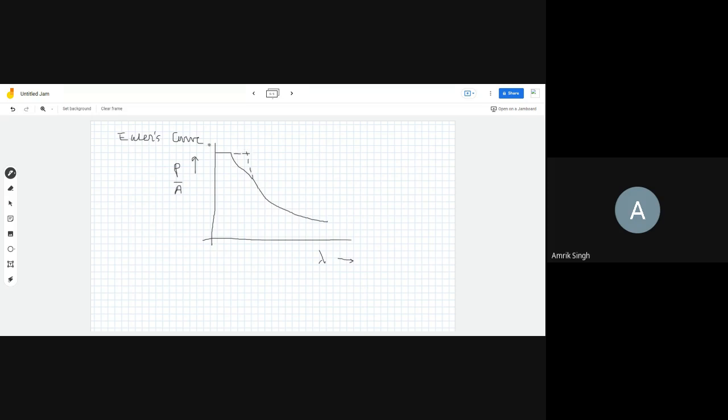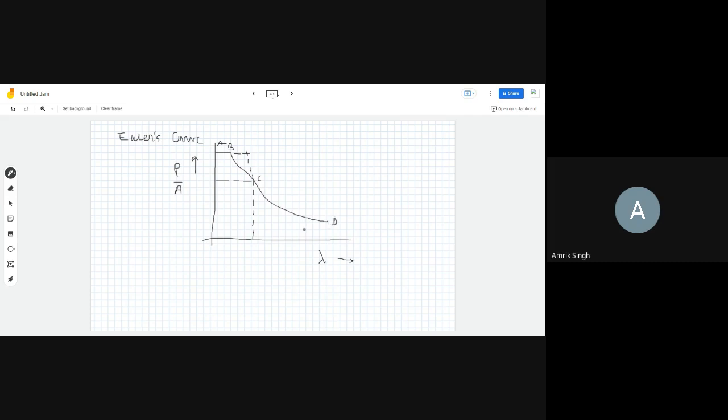So A, B, let us define this. A, B. This point is C, and this point is D.